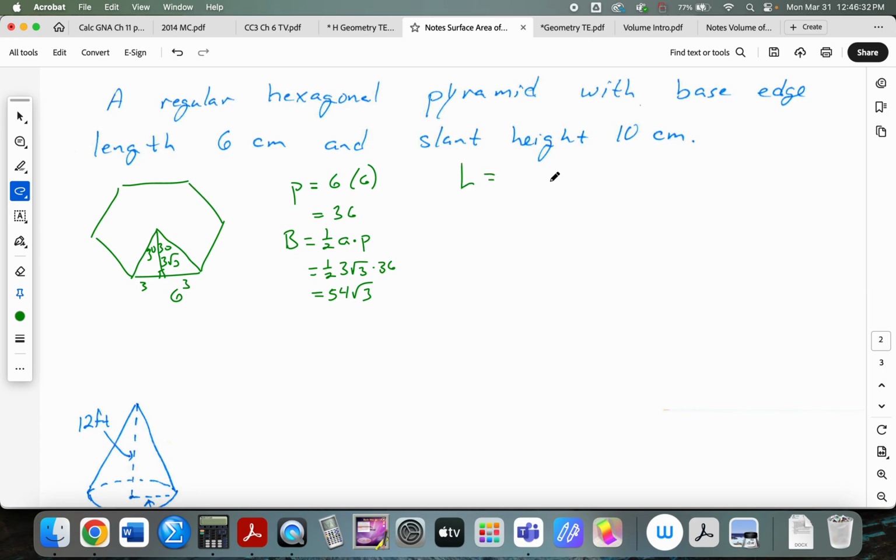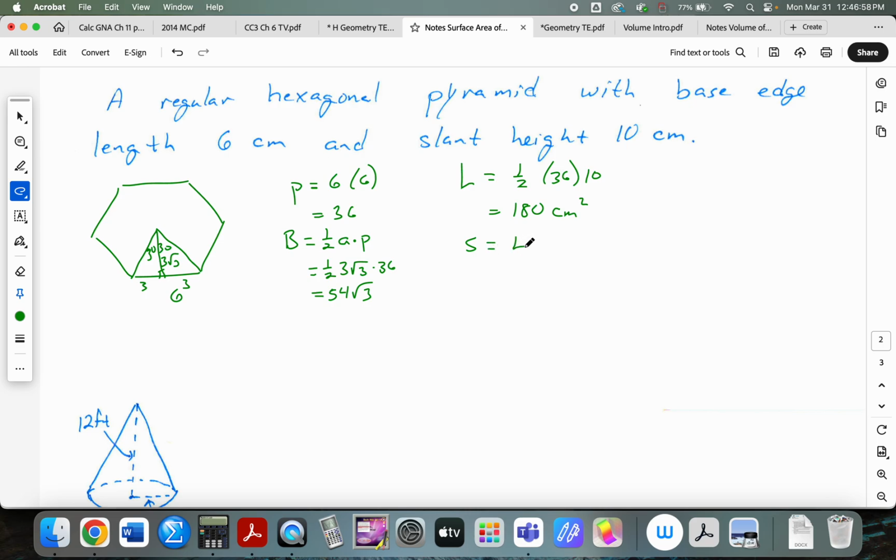So then the lateral area, we still want to go all the way around, so we're going to use the perimeter, but it's a triangle, so it's going to be half the perimeter of the base, 36, times the slant height, which was given as 10. So it's 180, and the units were centimeters, so that's square centimeters.